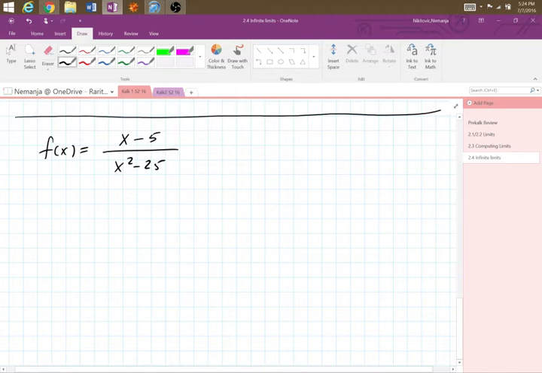What's happening there? At negative 5 and 5. So vertical asymptotes at x equals negative 5, x equals 5.